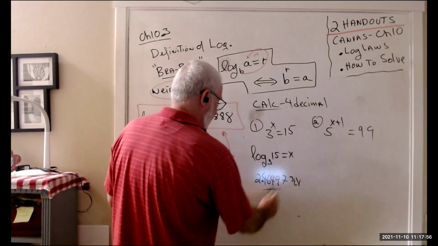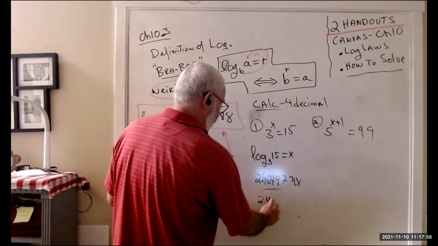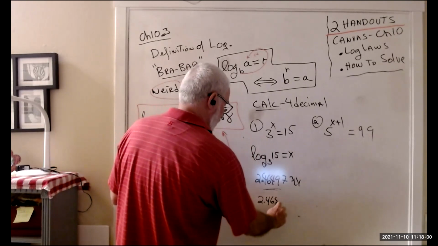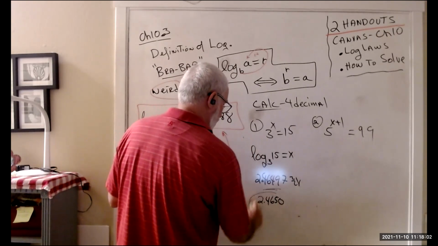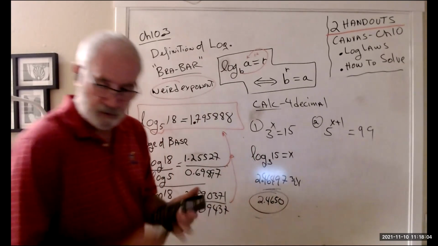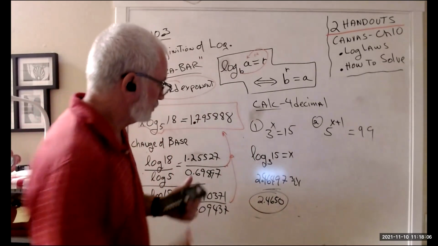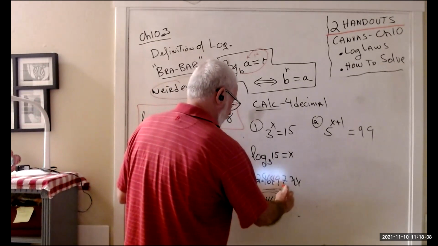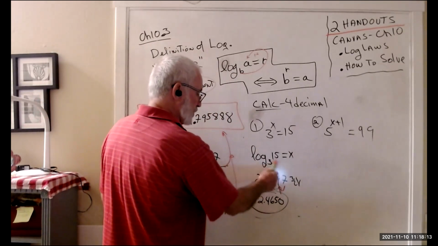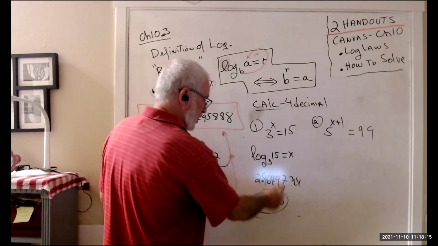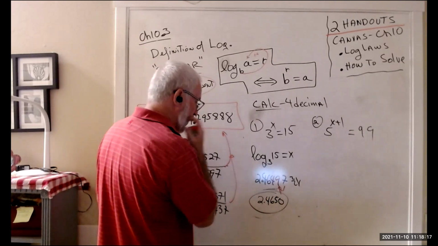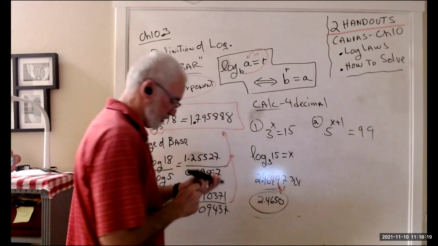Okay, so that kicks us up. 2.4650 would be 4 places. Remember the 7 rounds the 9 up, but the only place 9 can go is to 10. So 9 rounds to 10 and 1 carries over to there. So that would be the 4 decimal places.